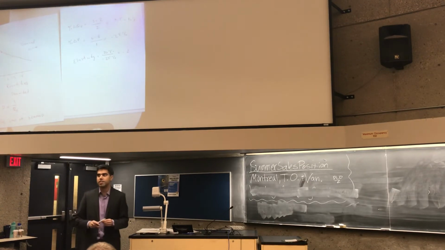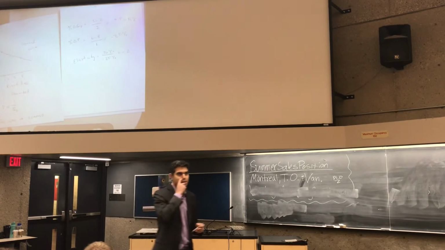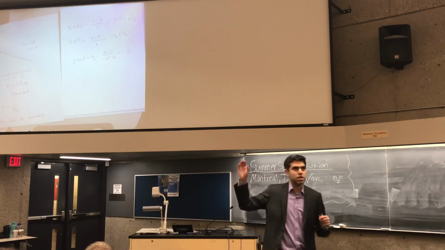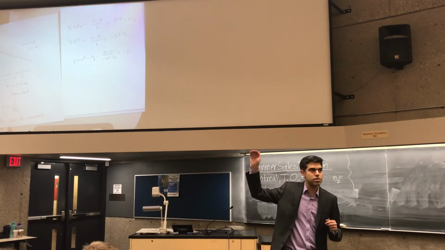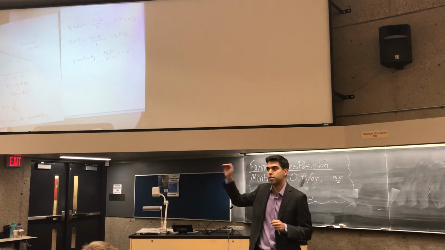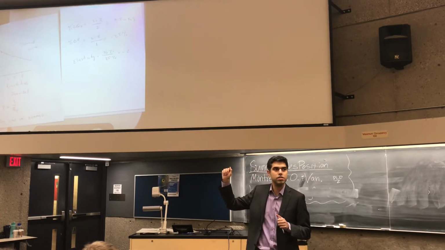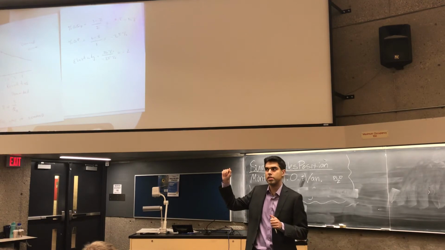You guys gotta think a little harder. A very, very small number divided by another very, very small number. What's that number going to approach? 0?